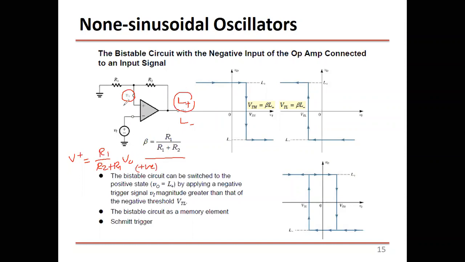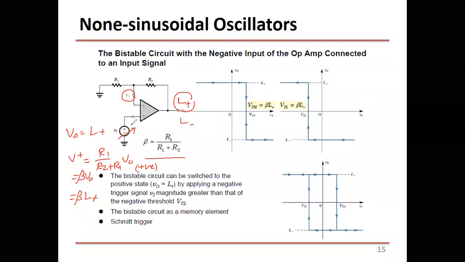So this value here is beta times V out, and since V out is L plus, this is beta L plus. Now let's start V input from 0.